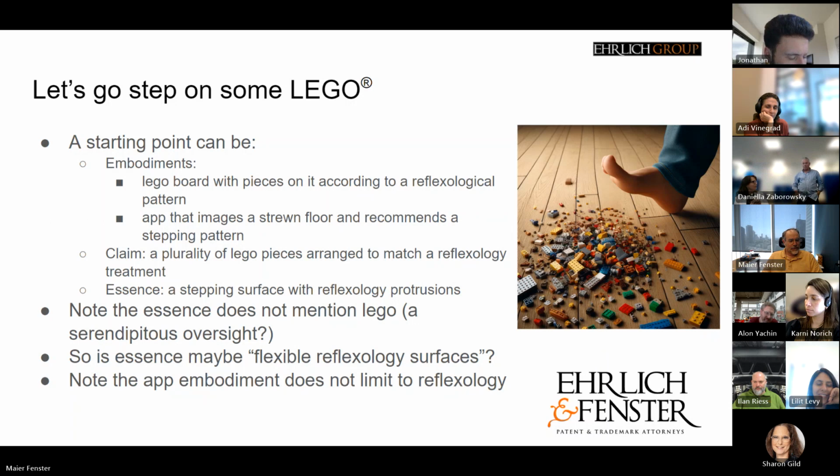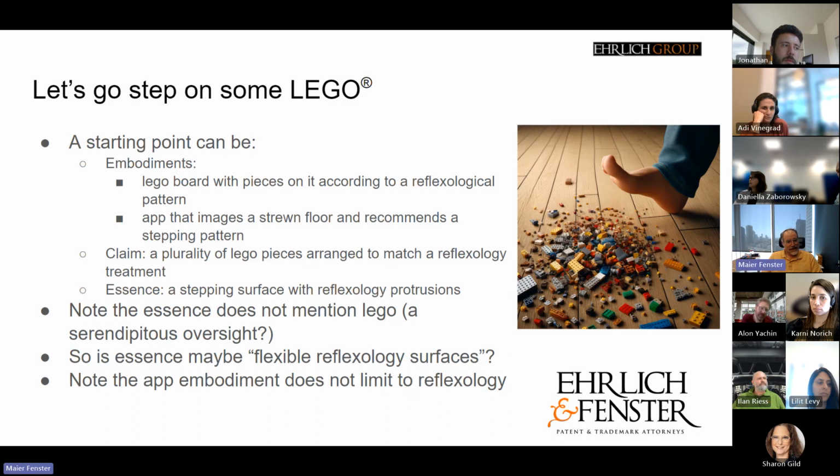And then the essence would appear to be a stepping surface that has like a floor that has in it reflexology protrusions. Okay, so this is a starting point, and it's actually the starting point when we saw the Legos that my grandkids left on the floor. Me and their father. And now I'd like you to notice that the essence does not mention Lego.